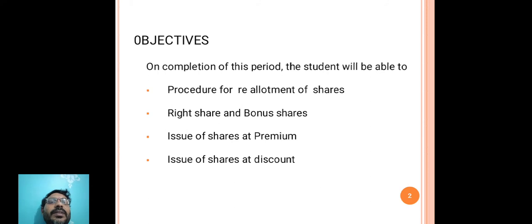I will explain once again the procedure for allotment and the procedure for forfeiture.